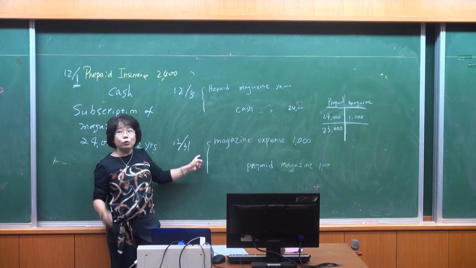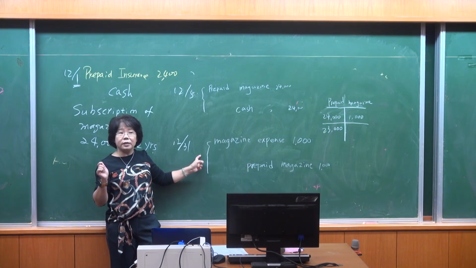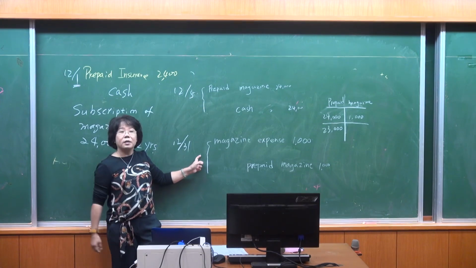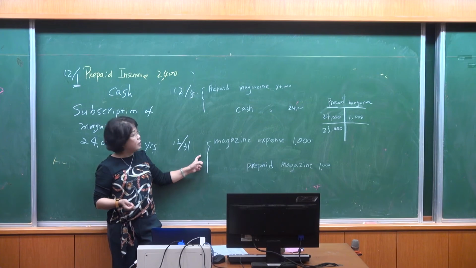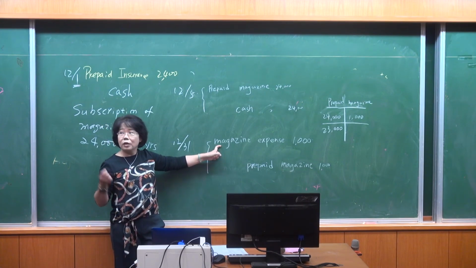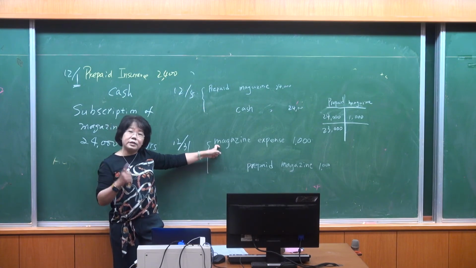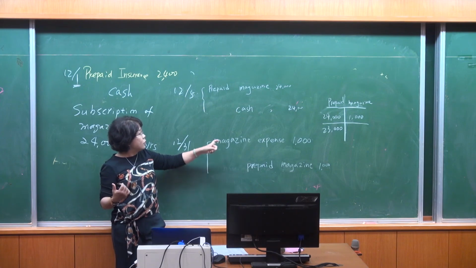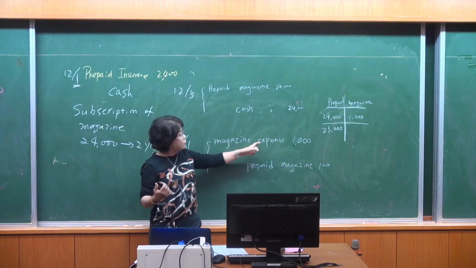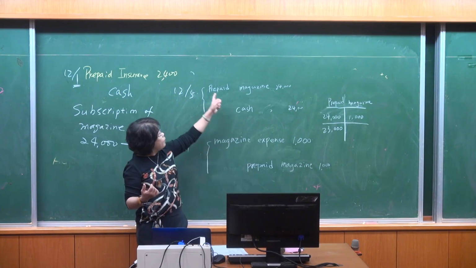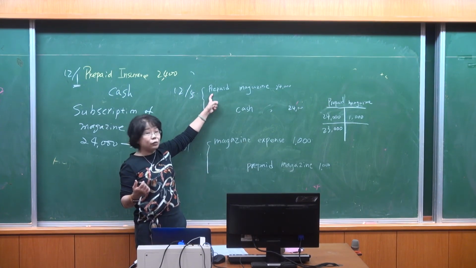After you receive one magazine, 24,000 divided by 24 months, each magazine costs $1,000. Once you receive it, it becomes expense. So remember, expenses are always on the debit side and revenue on the credit side. So magazine expense is a debit.